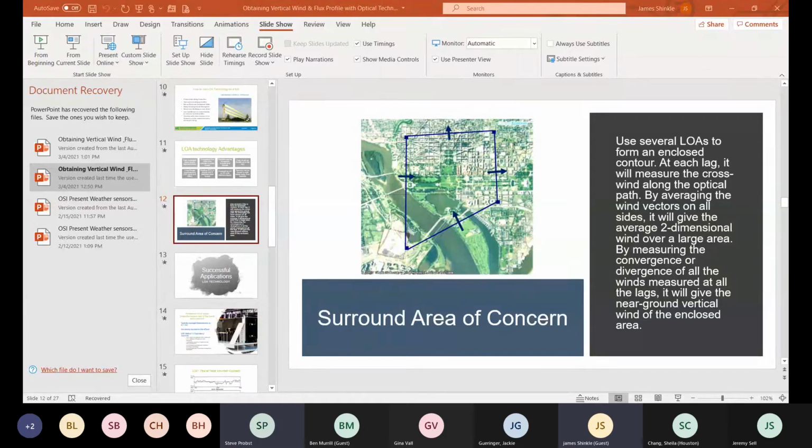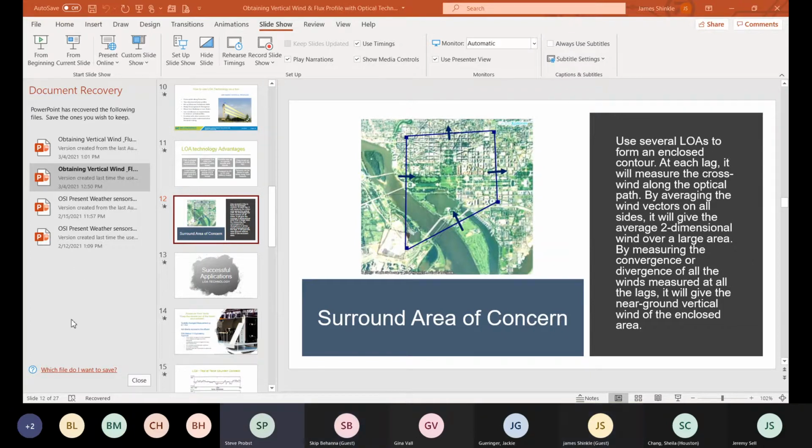Yes. I don't think your screen is updating. You may need to click on those slides to get your screen to update. Okay, where are we at right now? Do you see LOA technology capabilities? No, you're on surround area of concern, your first slide. You know what? I think it's just probably going slow, so let me let it catch up. You see LOA technology now? No, slide 12.